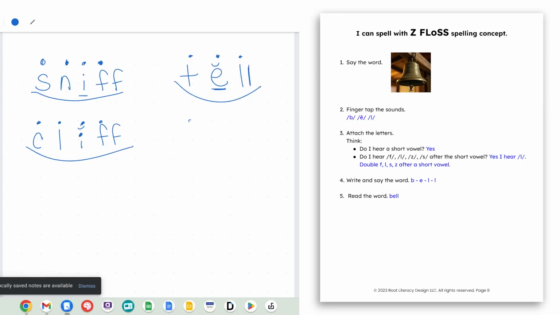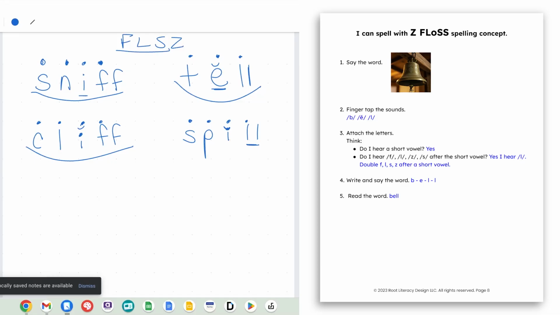Tap the sounds. S, P, I, L. Now I want to attach the letters S, P, I, L, L, because I know that it's a one-syllable word, spill, and I hear that it's after a short vowel, so I need to double the F, L, S, and Z in a one-syllable word.